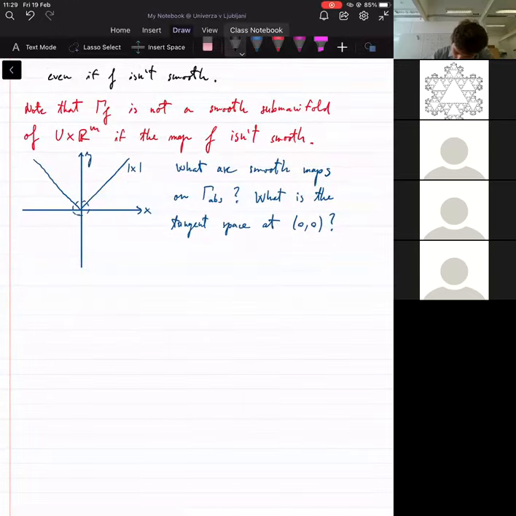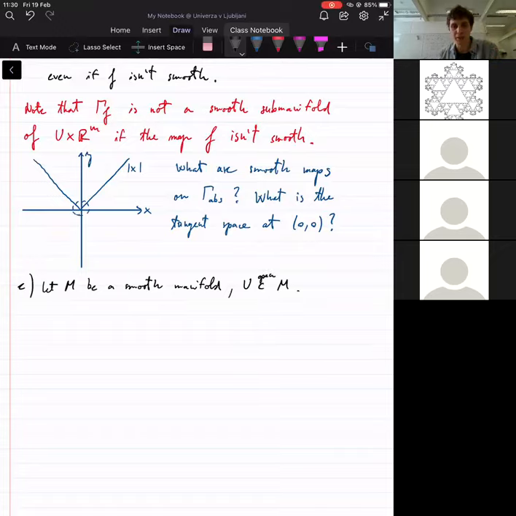Okay, so the next one is really simple. So let M be a smooth manifold, and U an open subset of M. So then U automatically comes with a natural structure of a smooth manifold, right? We just endow it with the subspace topology.